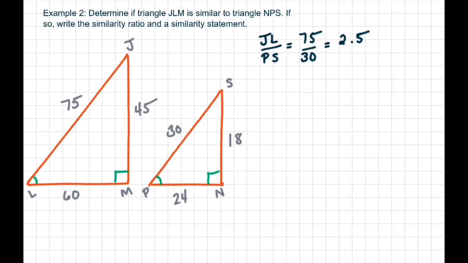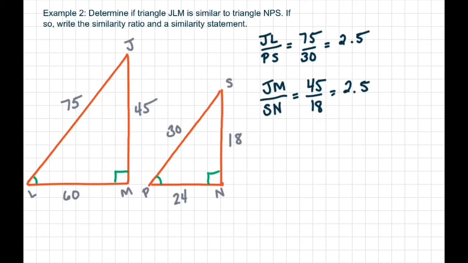Then I have JM, and that corresponds to SN, so 45/18. That also equals 2.5.